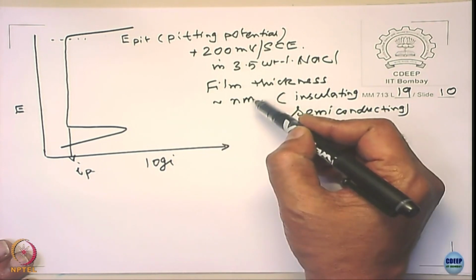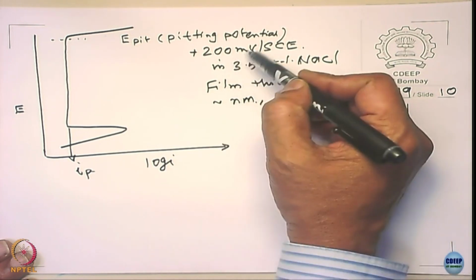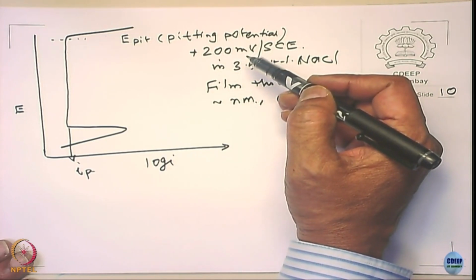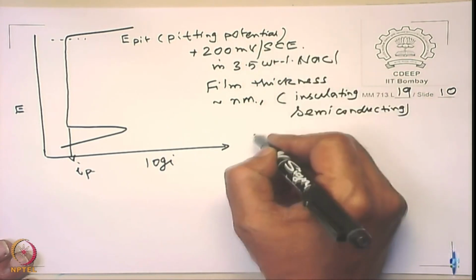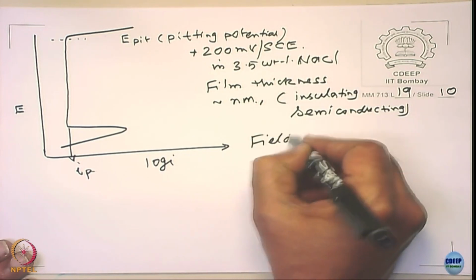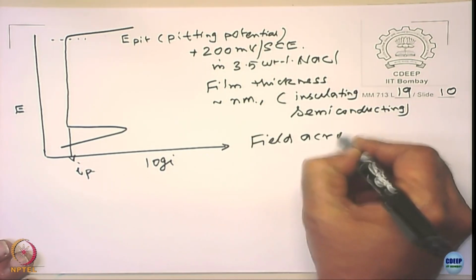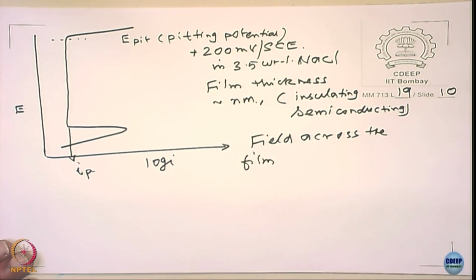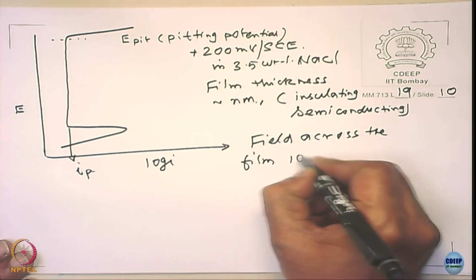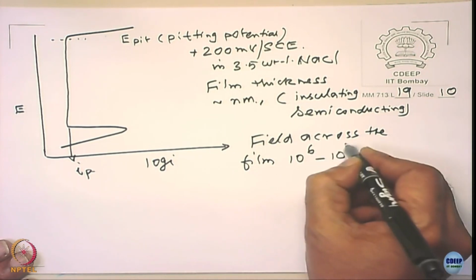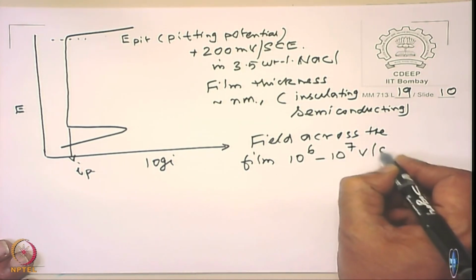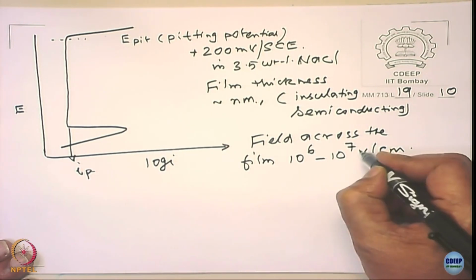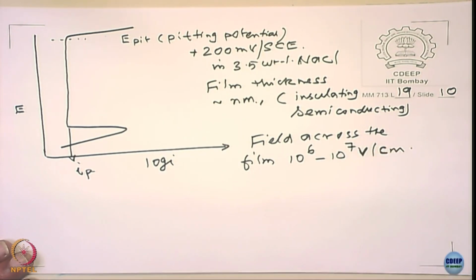But if the film thickness is in nanometers and you apply, let us say, 0.2 volt, what is the field across the film? The field across the film turns out to be about 10 power 6 to 10 power 7 volt per centimeter. What is the field?